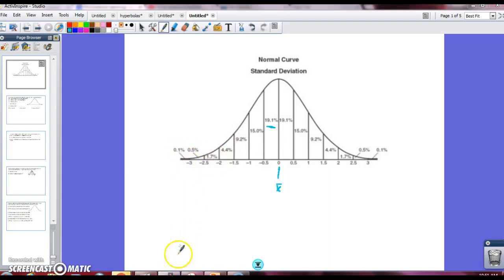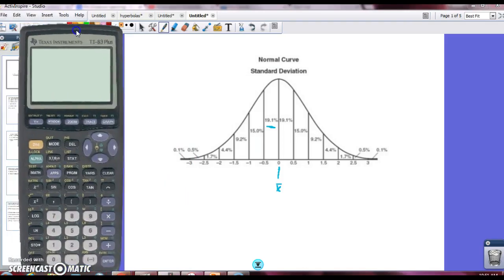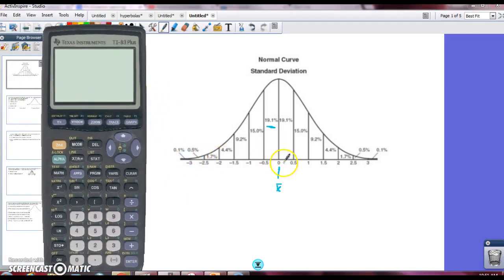So for example, if I were to add up all of these percentages below the mean, I would have 0.1 plus 0.5 plus 1.7 plus 4.4 plus 9.2 plus 15 plus 19.1.